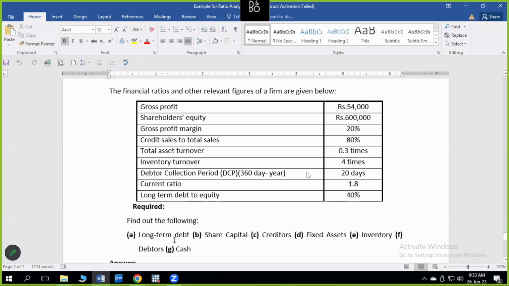So the long-term debt you want to find out. You know that the long-term debt is a part of liabilities. You are given the relevant information about the long-term debt to equity, that is 40%.